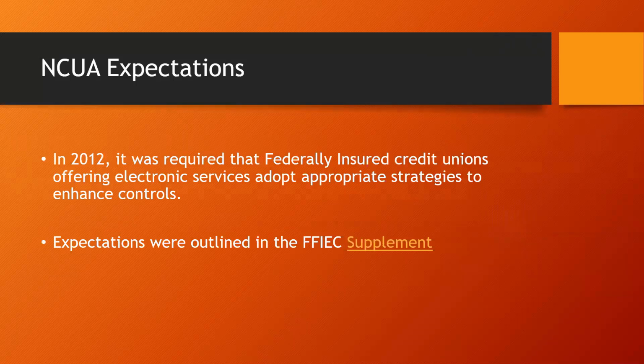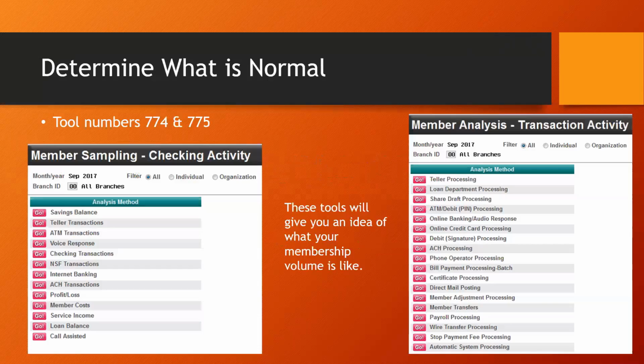And this was our reaction to that and the feature functionality that was created. So this is about abnormality. Well, to determine abnormality, we need to get a handle on what is normal for our members.